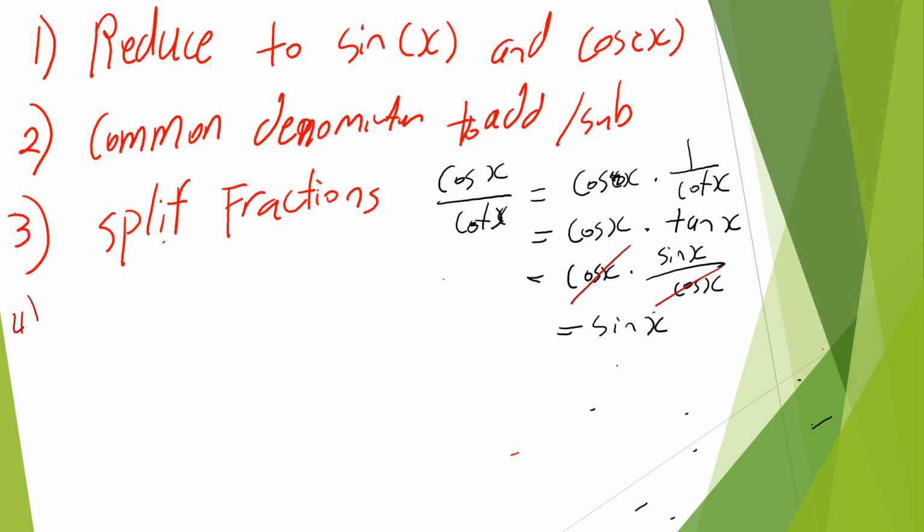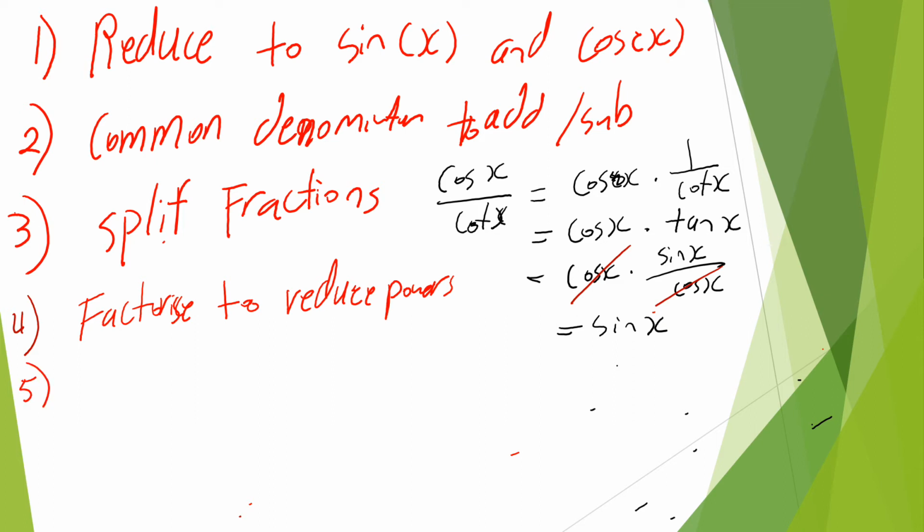If you have powers, remember factorization. Factorize to reduce powers. That's a method you could use. What else? We've talked about using trig identities, the ones we just discussed in the previous slide.